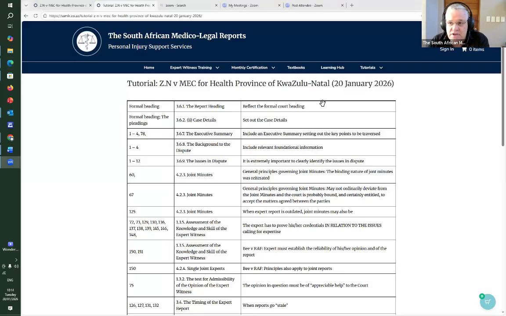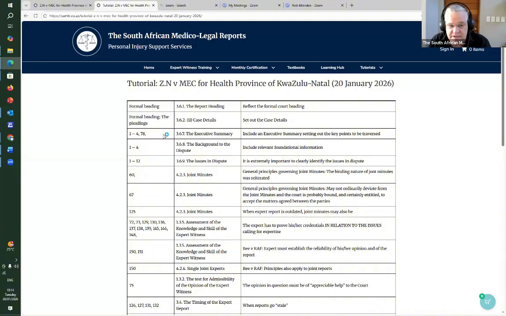Because you don't want to just start in the middle of nowhere. You do need to set up what it is that you're going to be dealing with in this report. And you must remember, and I emphasize this point, you're dealing with busy judges and busy practitioners, busy experts, busy lawyers. It's very good to have a clear mastery of the formal heading and then the case details.